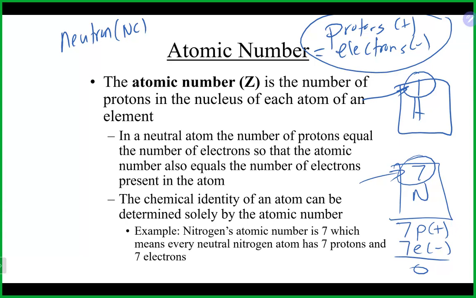That is why when we talk about a chemical reaction, we have the same elements we started with and end with, because a chemical reaction only deals with electrons. No protons in the nucleus are touched. That's why if you start with 6 carbons in a chemical reaction, you will still end with 6 carbons on the other side, because only the electrons are touched. So that's why we have that conservation of elements.